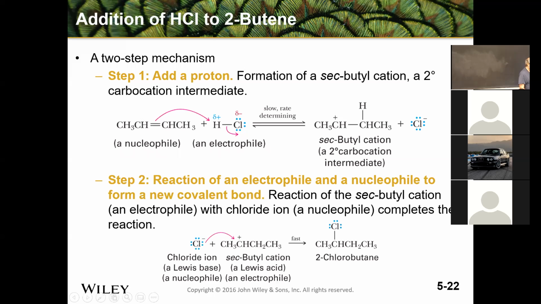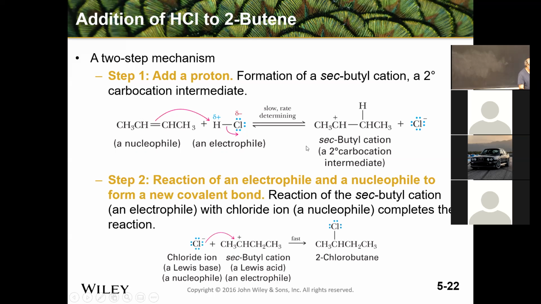The double bond picks up an H from HCl. This is a slow rate determining step. We used up a pair of electrons to form this CH bond on carbon number 3 here. That leaves an empty spot on carbon number 2, a carbocation.